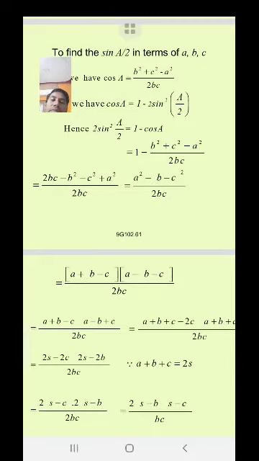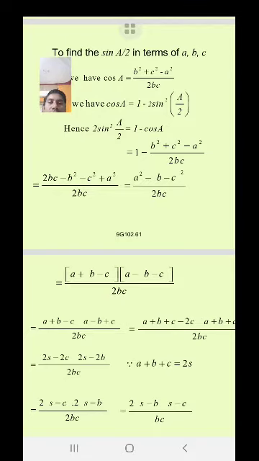So we get 2bc, a square minus b square minus c square. Yeah, now I got the point.